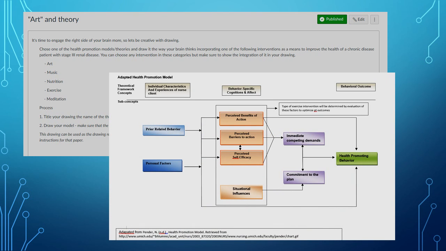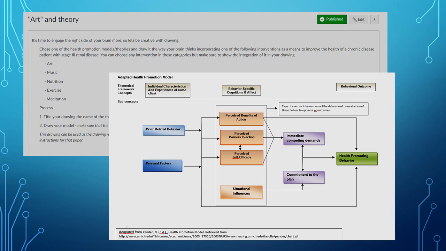So here's an example of an adapted health promotion model I put together for you. So this is the health promotion model, and as you can see, I've used nurses as the patients and the experiences of nurses. And if you look at the first column, I've got the factors of the model in here.